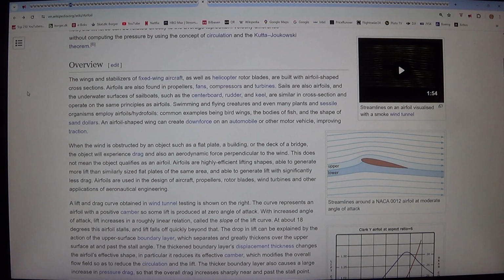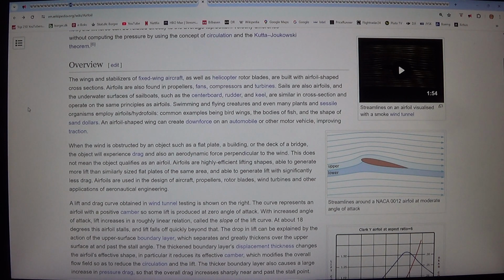Sails are also airfoils, and the underwater surfaces of sailboats, such as the centerboard, rudder, and keel, are similar in cross-section and operate on the same principles as airfoils. Swimming and flying creatures and even many plants and sessile organisms employ airfoils/hydrofoils, common examples being bird wings, the bodies of fish, and the shape of sand dollars.